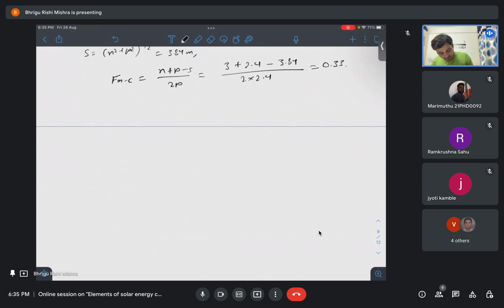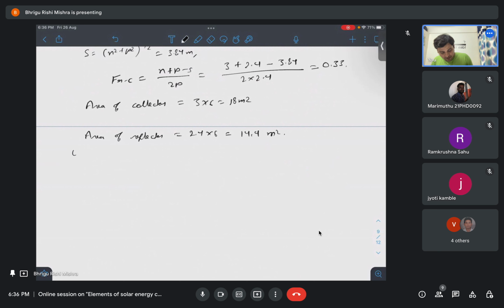Using this, first we can calculate the area of collector, which is nothing but 3 into 6, that means 18 meters square, and area of reflector is 2.4 into 6, that means 14.4 meters square.